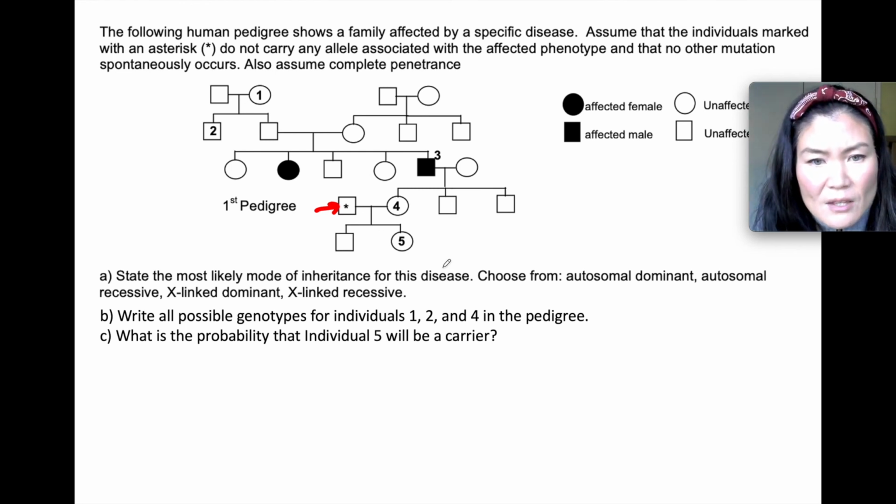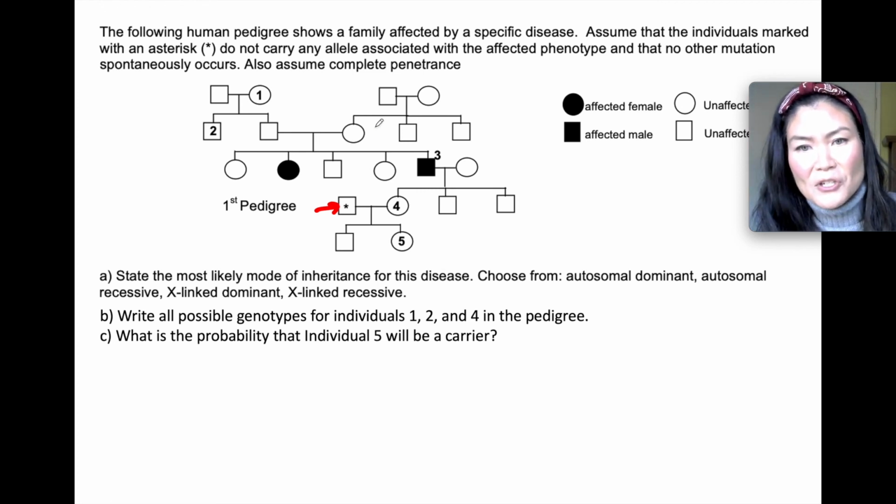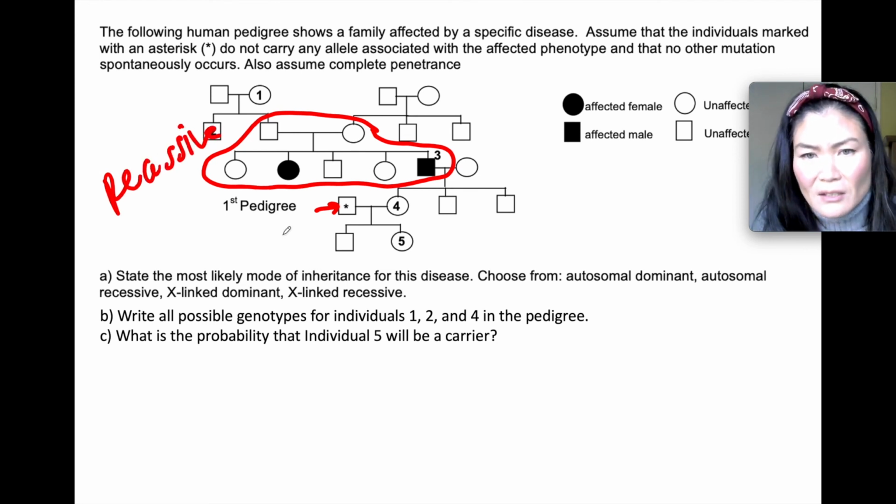All right, state the most likely mode of inheritance for this disease. I can already tell just by looking at it. See this generation right here with their kids? The parents do not have it, but their kids do. What does that tell you? It's recessive. Okay. Is it sex-linked?